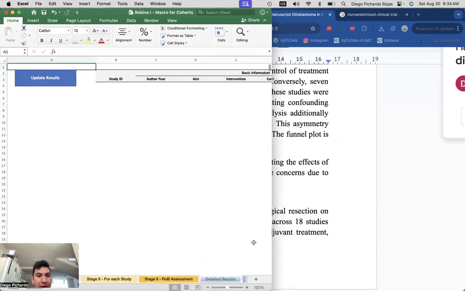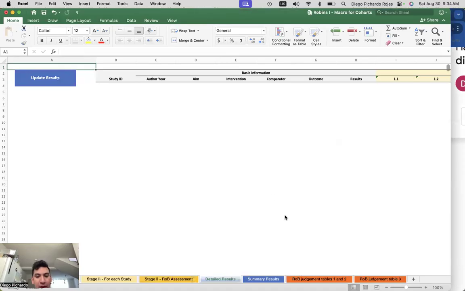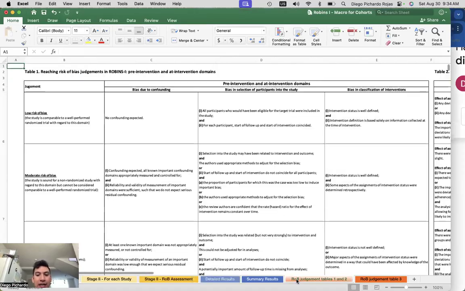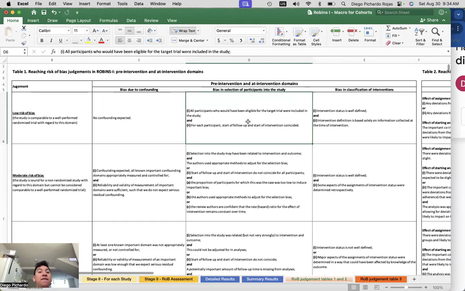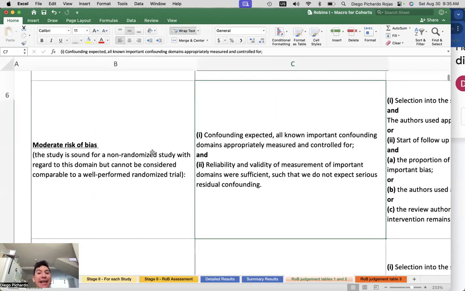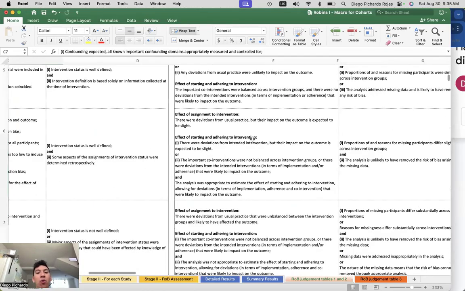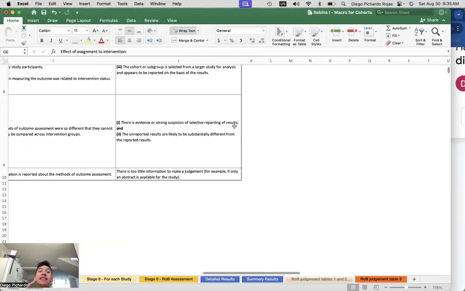If we go to the judgment tables, like, what does confounding mean? Confounding is, oh, there was no matching. What does missing data mean? Basically everything I just said is in this table, so you can read up on it.